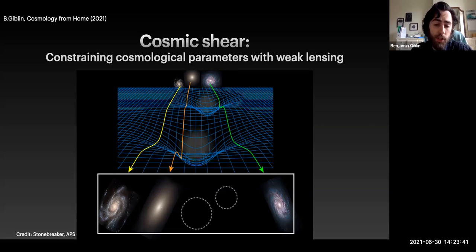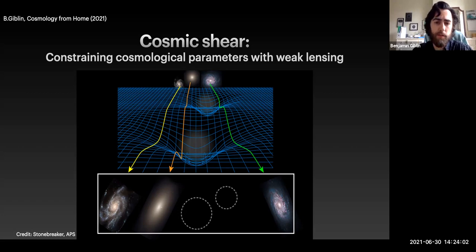So the distortions that manifest in these galaxy shapes caused by weak lensing is what we call shear. And the amplitude of this shear is sensitive to cosmological parameters, specifically because it is the large scale structure of the universe that's causing this lensing effect.